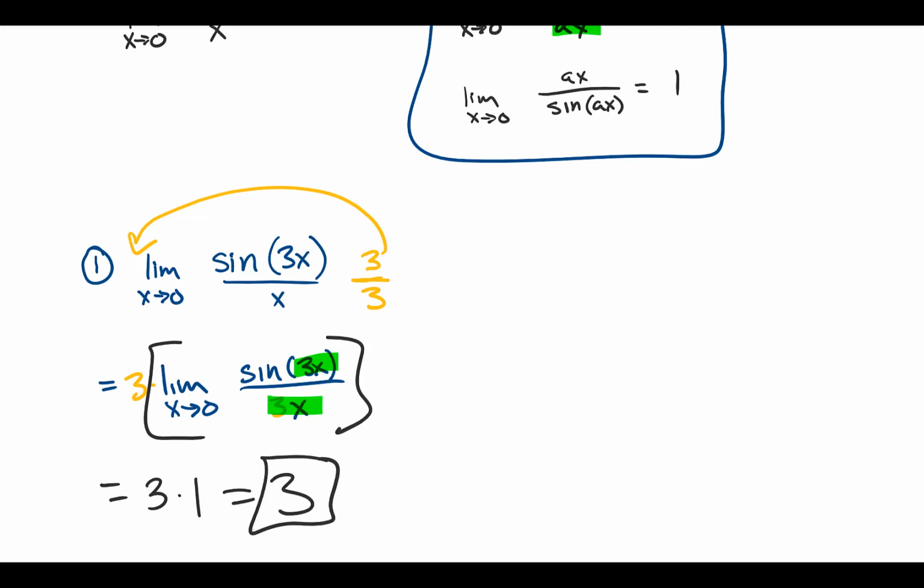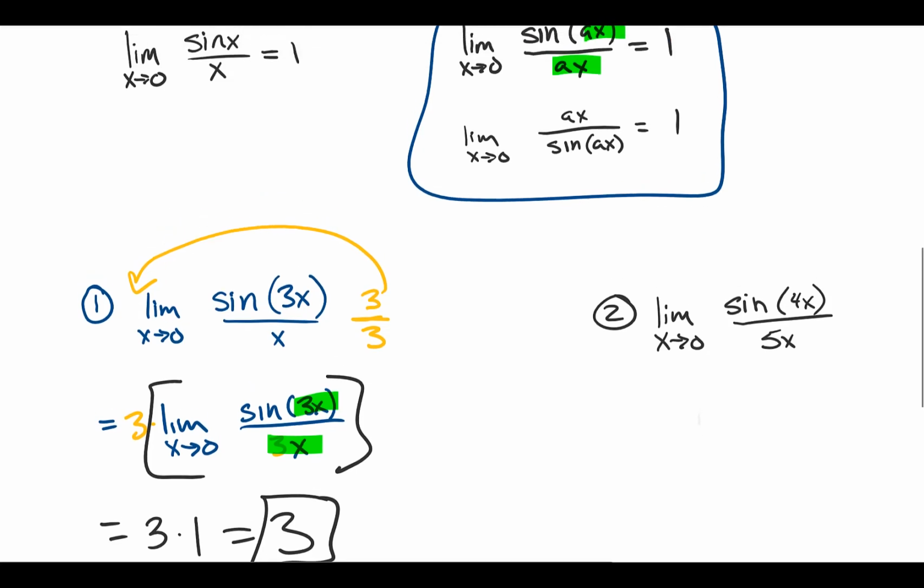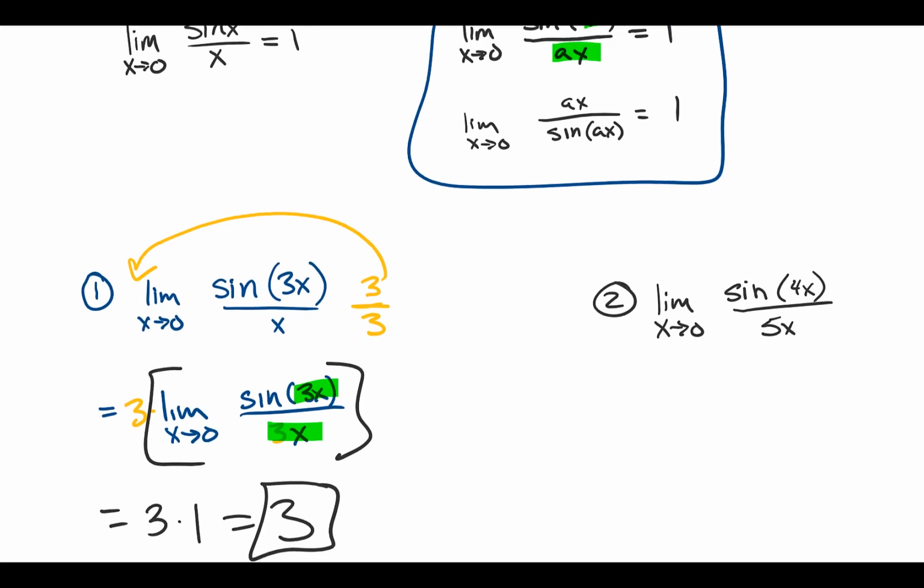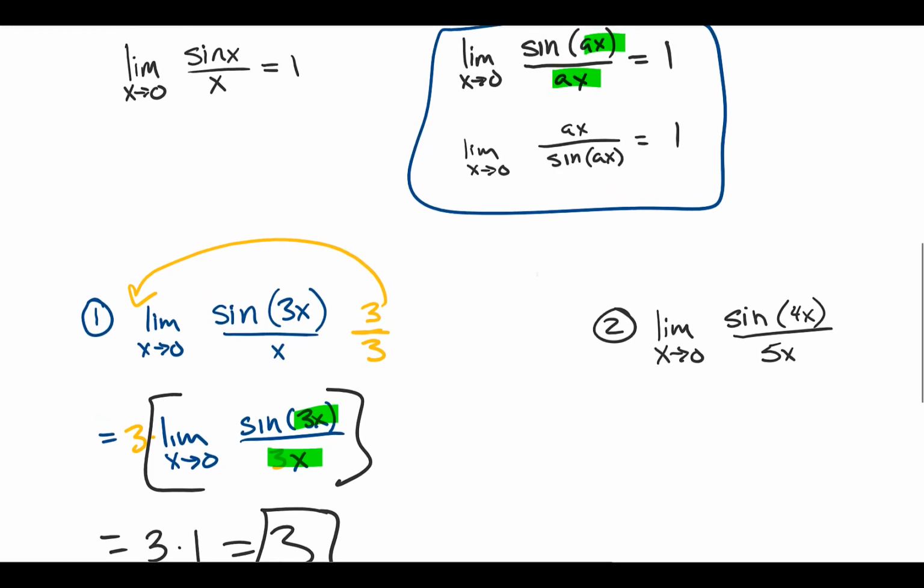This is our game. Let's try another. Let's get a little tougher now. Limit as x goes to 0, let's go sine of 4x over 5x. Tough stuff. I've got to use this thing from up here and go, well, they've got to match, but I don't think they match right now.